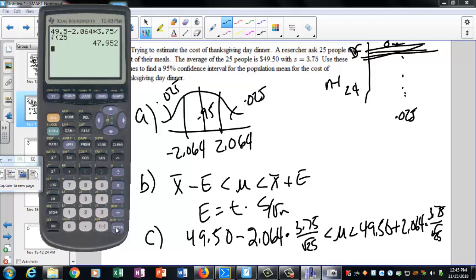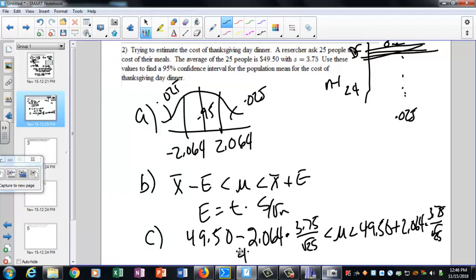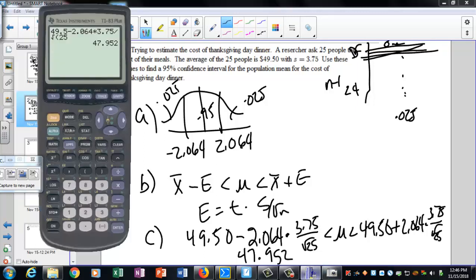The left side is 47.952. Doing the right side, it's the same thing. Second, enter. Change the minus sign to a plus. 51.048.